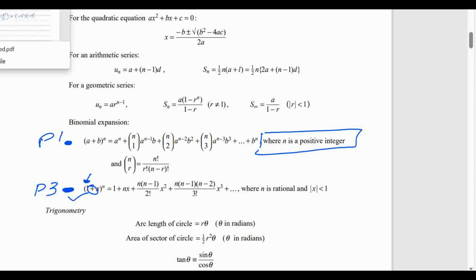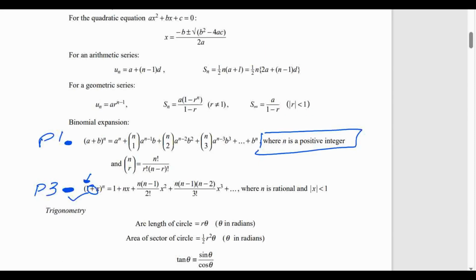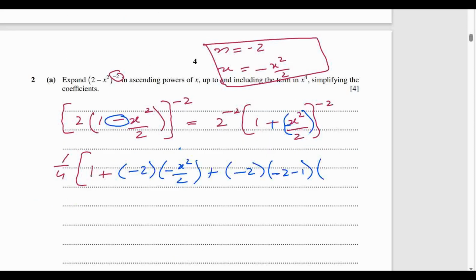So n minus 1 is minus 3. That is why we can write it as n into (n minus 1) into x square, that is minus x square by 2 whole square, divided by 2 factorial.